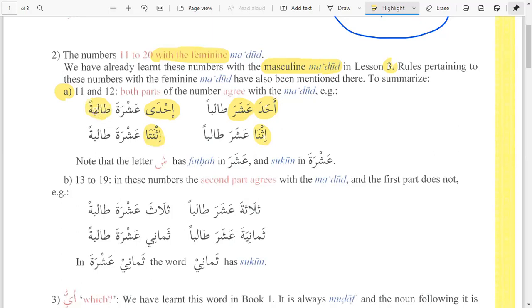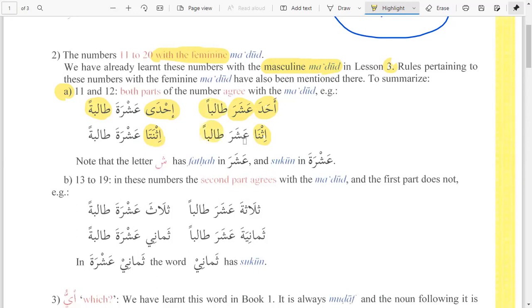We are counting the students. 11 female students, 12 female students. Ahada ashara taliban, 11 male students. Isna ashara taliban, 12 male students. So here Taliban is madud.